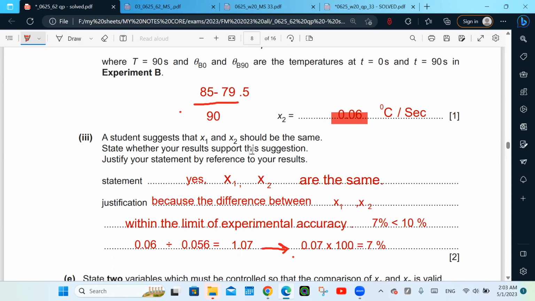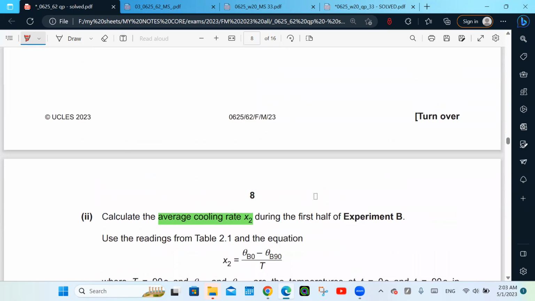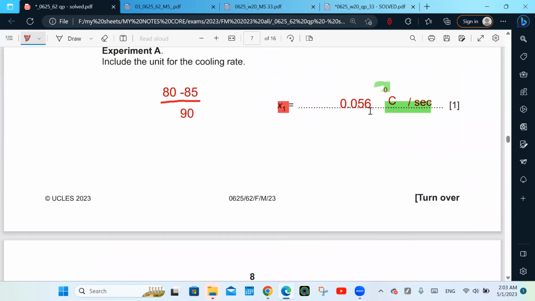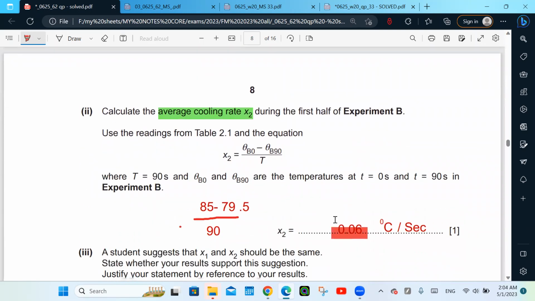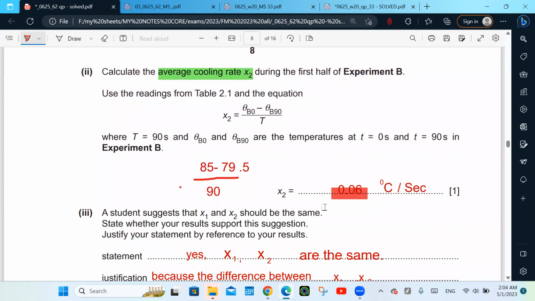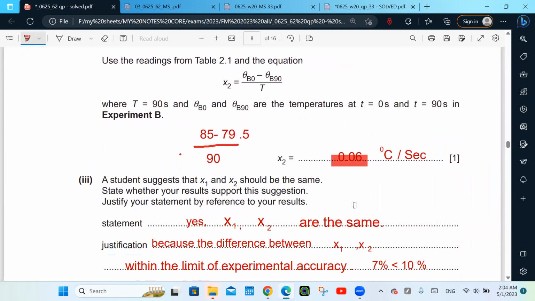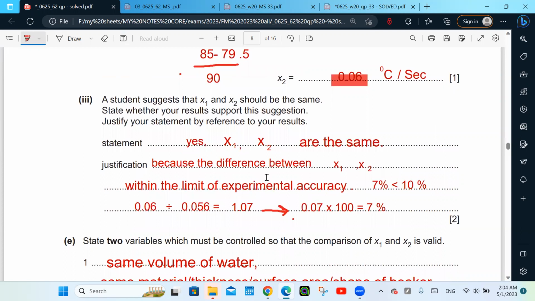So first of all, I think indeed 0.056 degrees Celsius per second is very close to 0.06. But how can I justify the answer? I use a very simple method: I take the greater number and divide it by the smaller number.